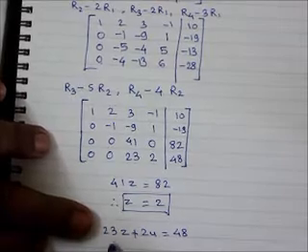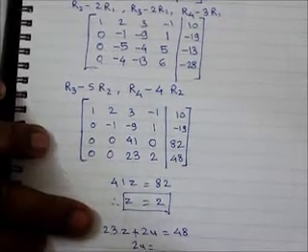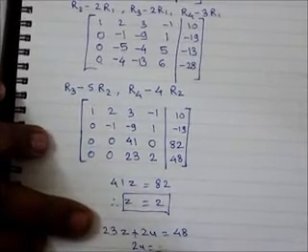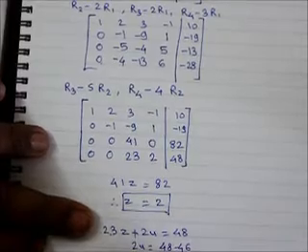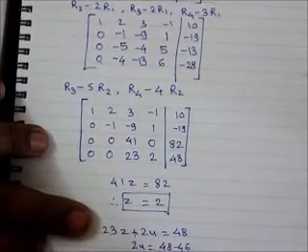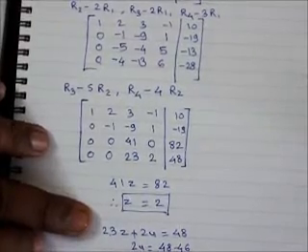So 23z is 23 into 2, 46. So 48 minus 46, therefore 2u is equal to 2, u is equal to 1. That's another of our answers.